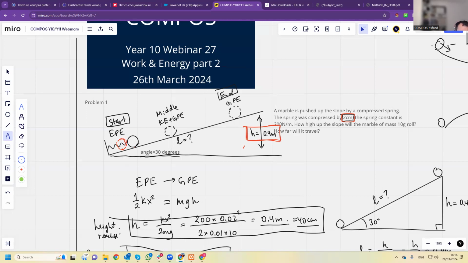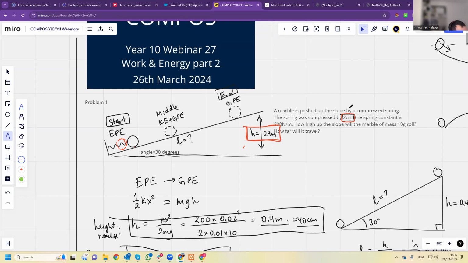So if you take the distance from where it left the spring, it would be 0.39 meters, because of the 2 centimeters. But generally speaking, you can usually ignore the stretching of the spring because it's much smaller than the length of travel.